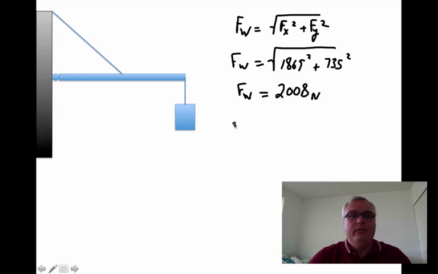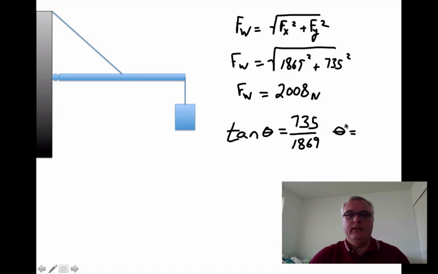And again, we also want to know the angle that that force is acting at. So opposite side will be the y component over the x component, and that force is therefore acting at an angle of 21.5 degrees.